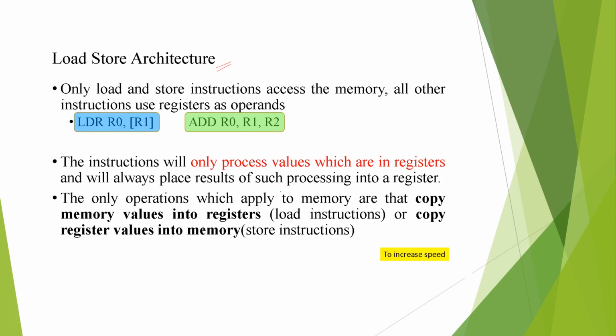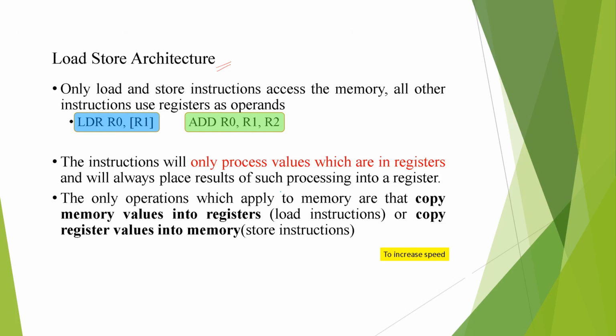Whereas here in this add operation, data is directly accessed from the registers. R1 and R2 data will be accessed and added together, and the result is moved to the destination register. The instructions will only process values which are in registers and will always place results of such processing into a register.